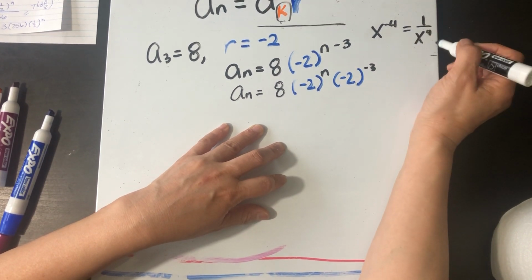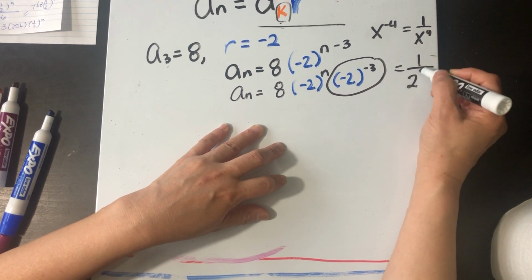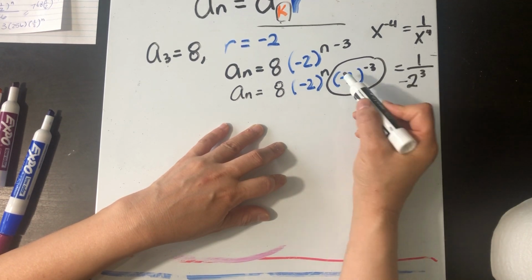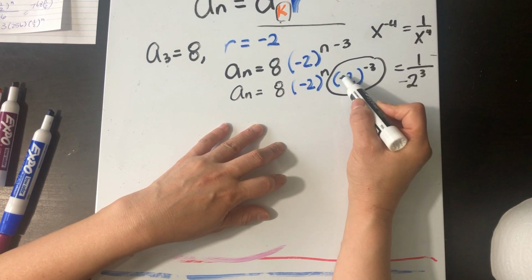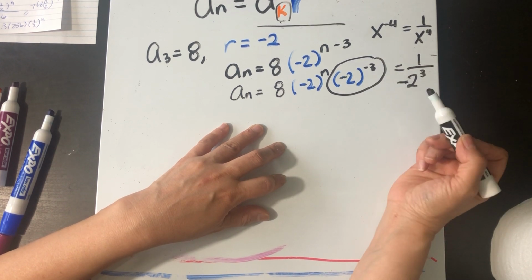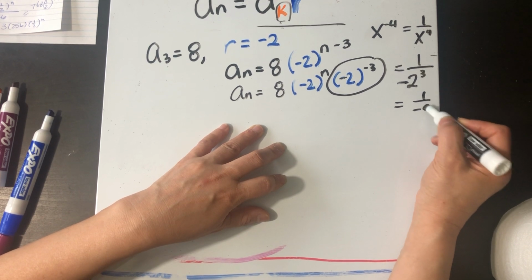The whole thing comes down, right? So this whole thing is going to come down like this, 1 over 2 to the 3rd power. Well, it's actually negative, so the negative attaches to the number. This has nothing to do with negative exponents. So this is actually 1 over negative 8.